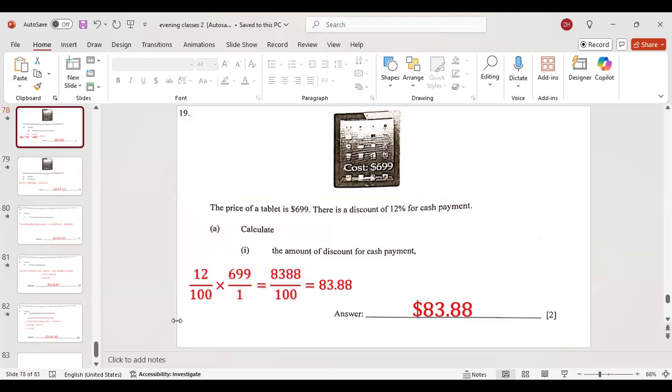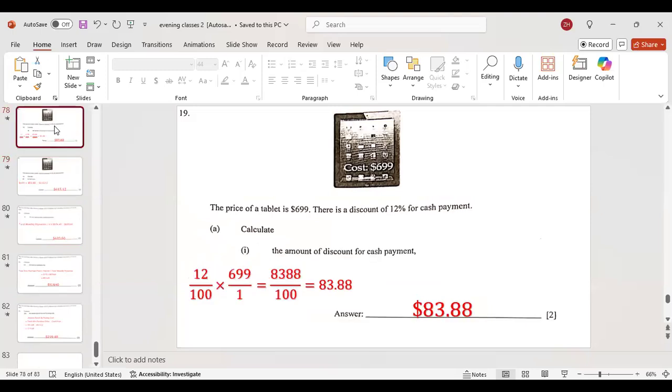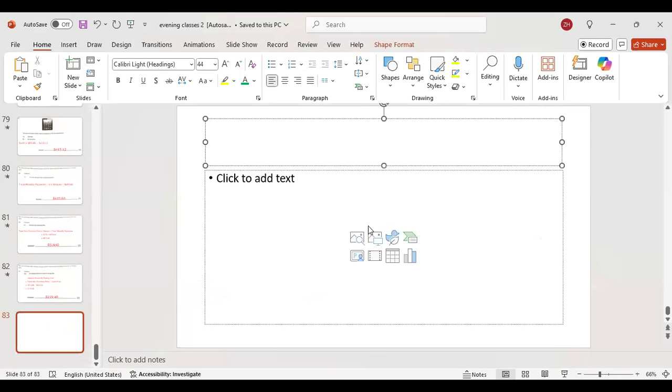This one is the one when we did the percentage. After we found the percentage, we did the subtraction. This one, 12 over 100. Let me know if you got it. Okay, got it. Thank you. All right, good.